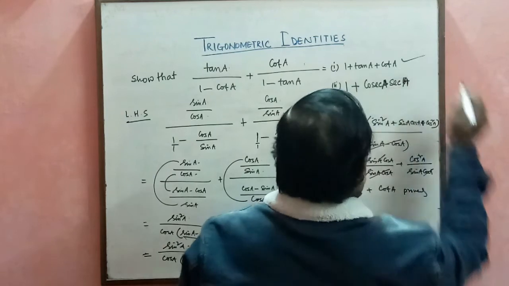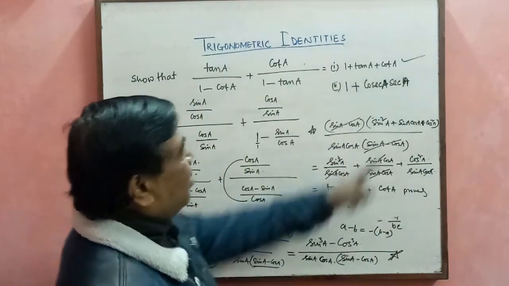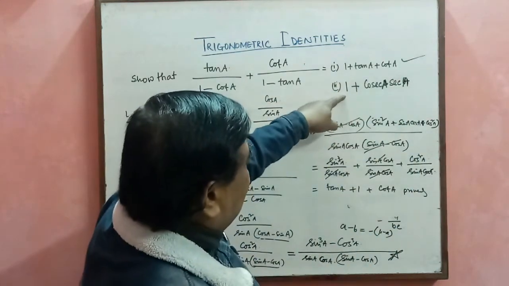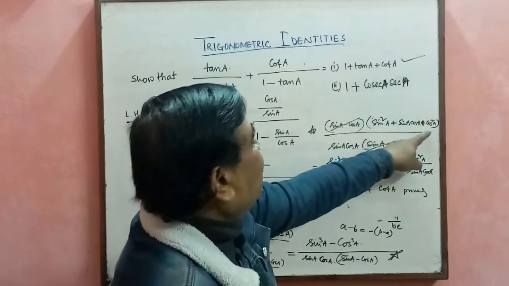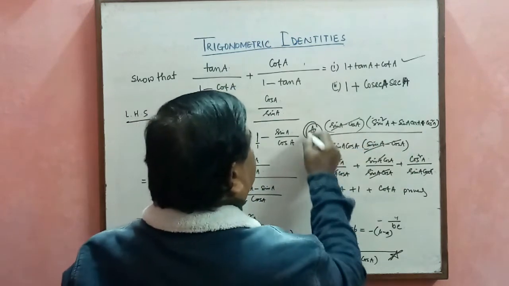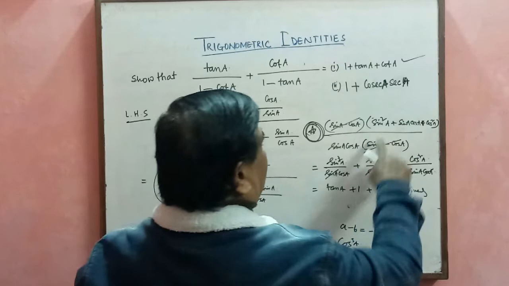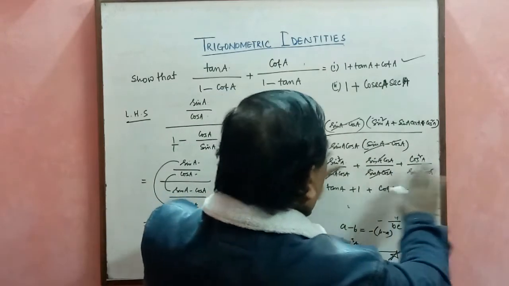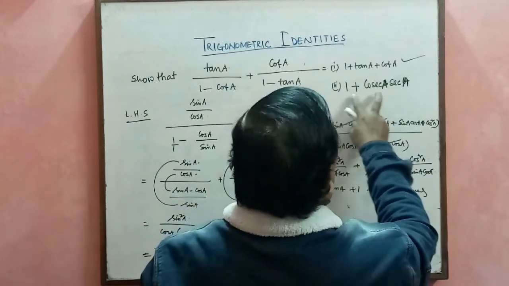If I want to prove this one, from here only we can prove it. Instead of breaking it into three parts, we will now have two parts.